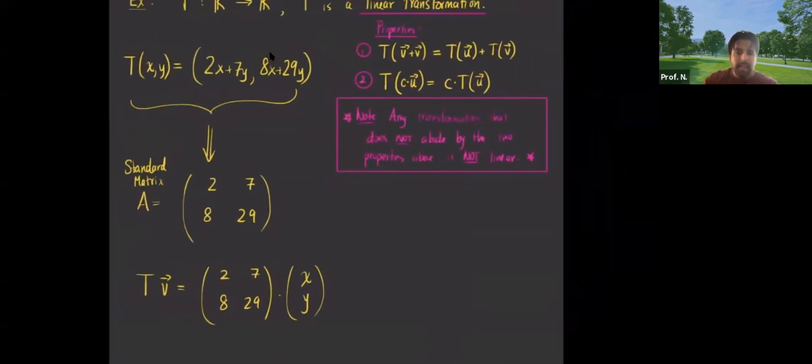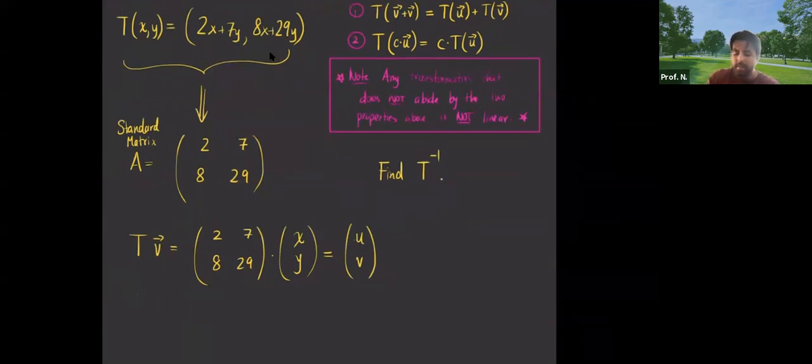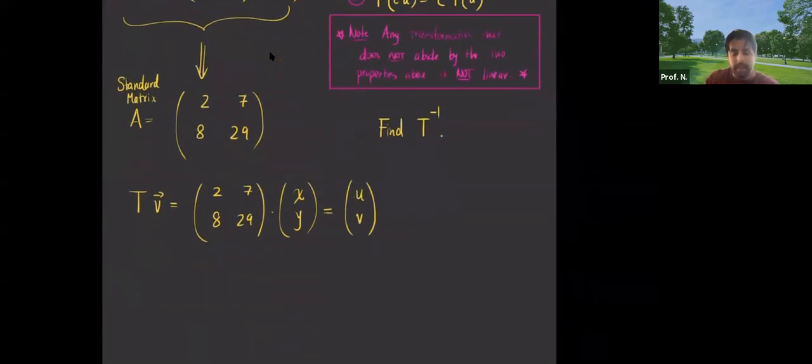That's the standard matrix representation of my transformation T. We'll call the result U and V. Now the idea is to find what T inverse is. So what do you think that entails?